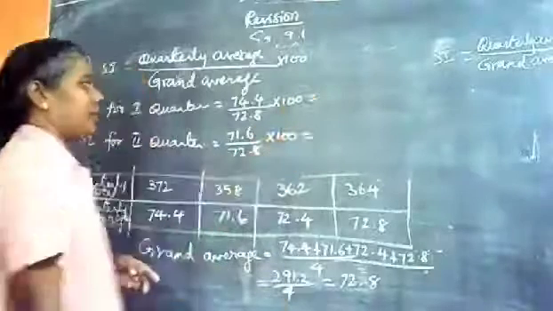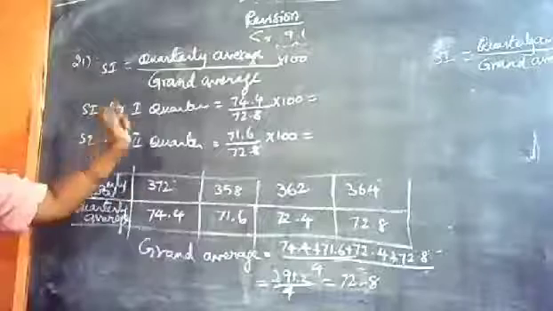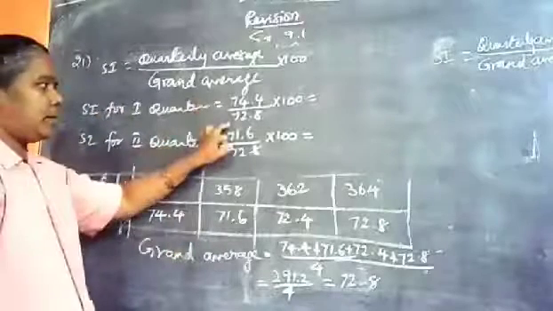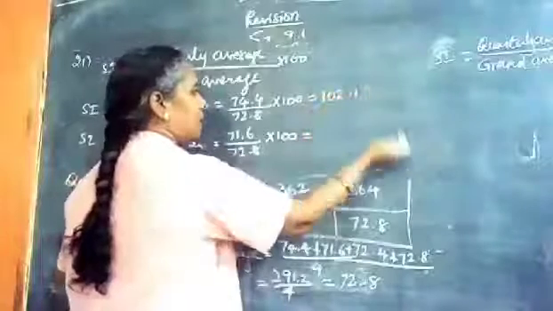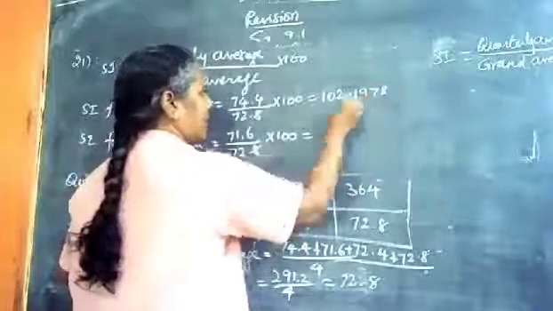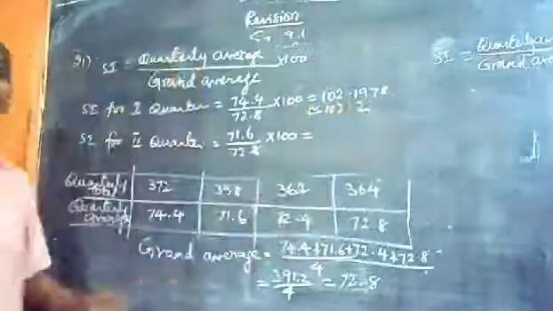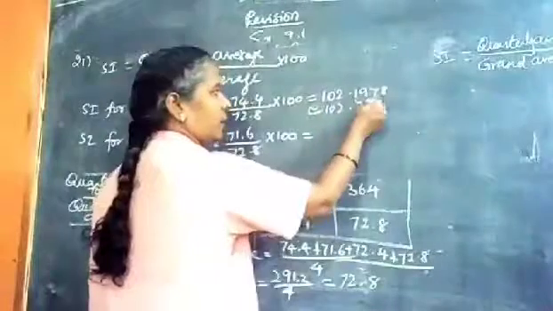What is the SI of the first quarter? Dividing, 102.1978, approximately.